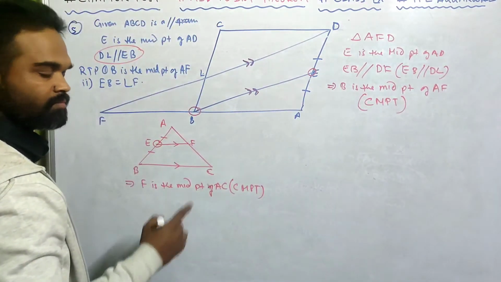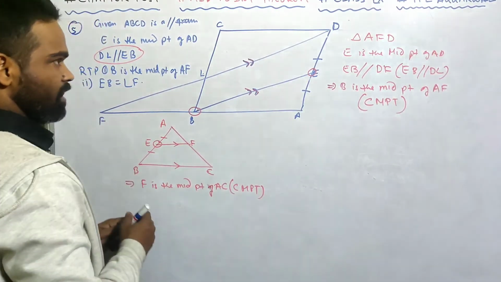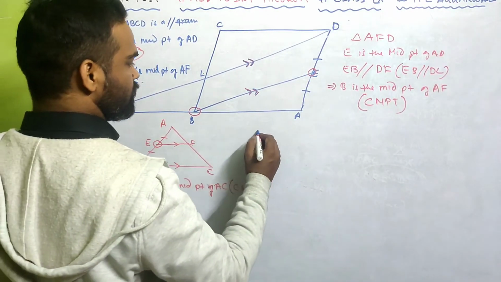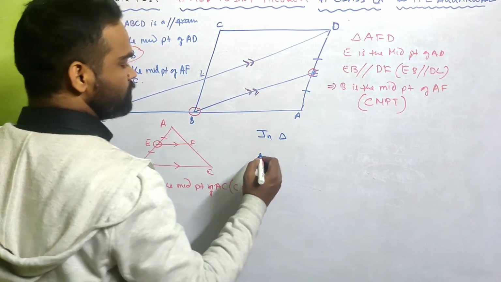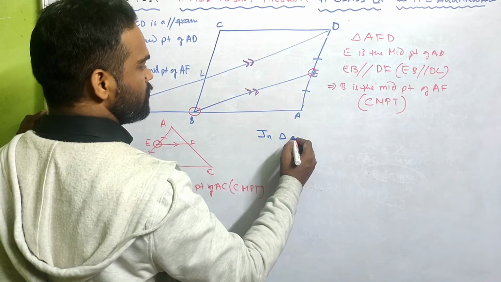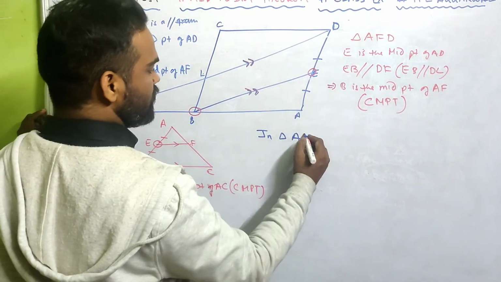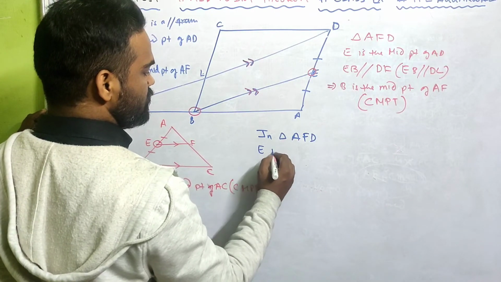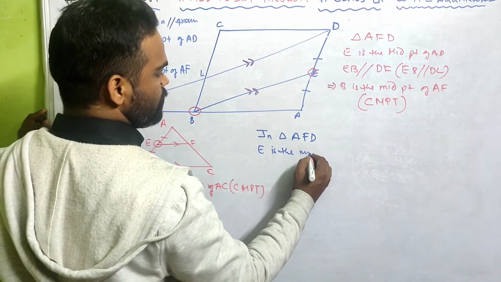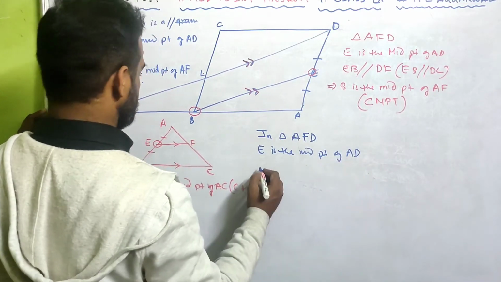Done? Now look, now the midpoint theorem. Same triangle. In triangle AFD, E is the midpoint of AD.